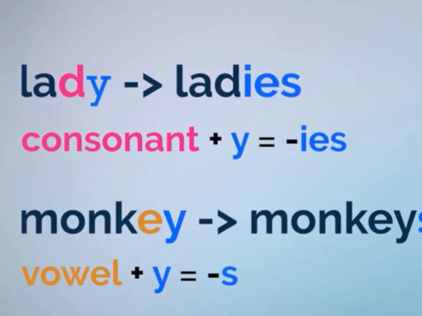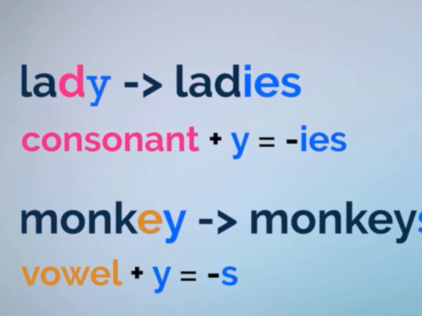Because here the Y is a consonant in lady, and we add IES. Here, monkey, it also ends in a Y, so we just add an S. So monkey becomes monkeys. We do not have to add IES.